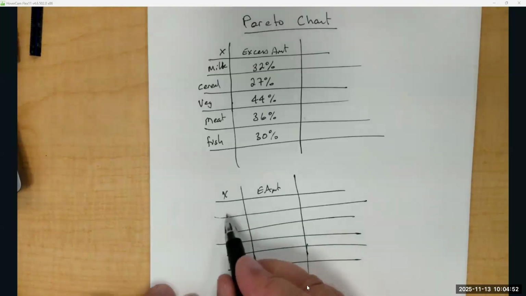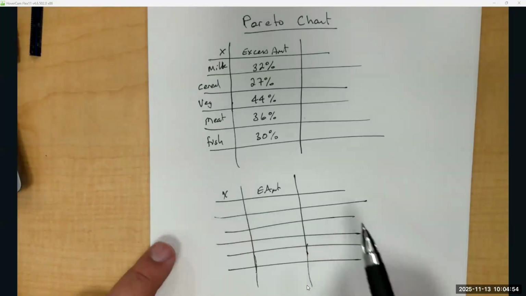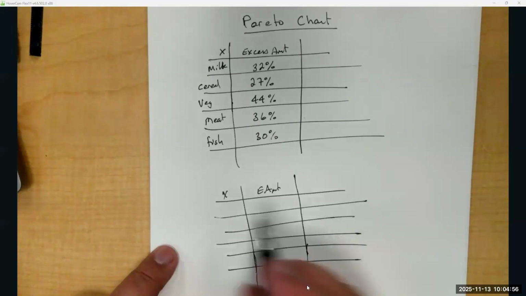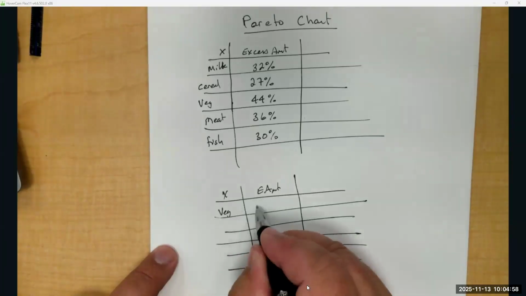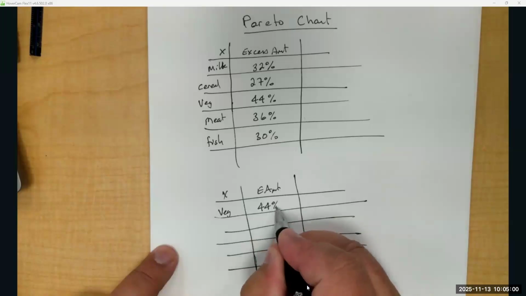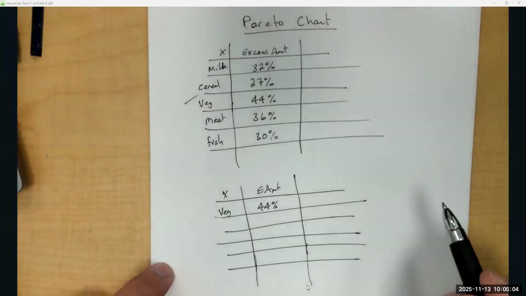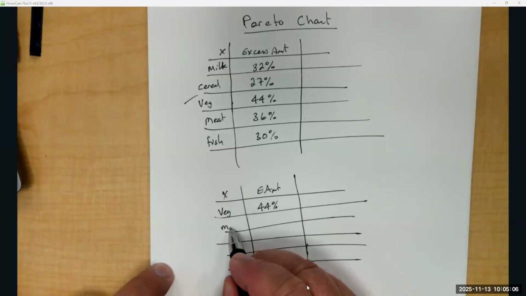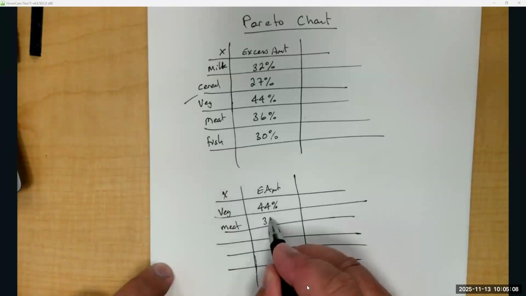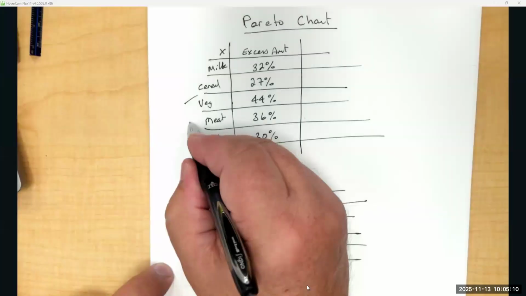So what would be my largest in the first row, which is vegetables? So that one's taken care of. That's at 36%.